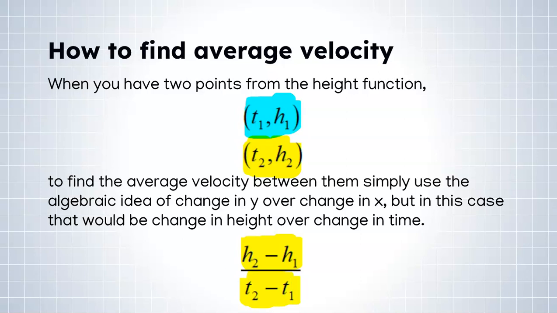Remember, the numerator is the difference in your distances, your heights, and the denominator is the difference in your time. So you're going to end up with that average velocity measured in either feet per second or meters per second. Very, very simple to find average velocity, not difficult at all.